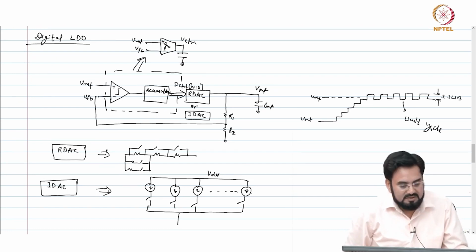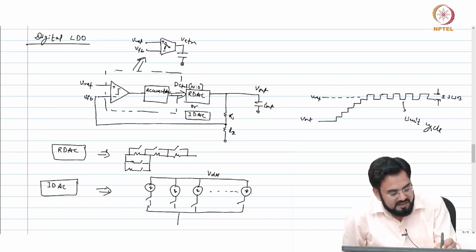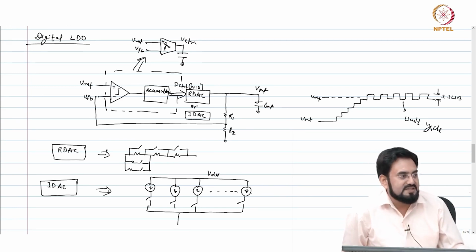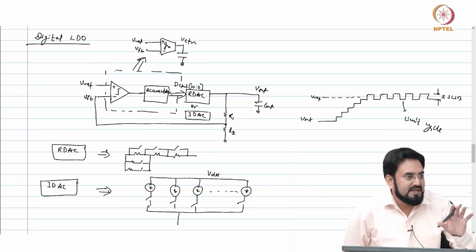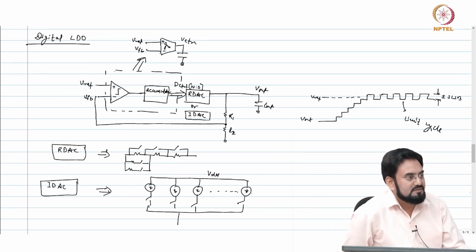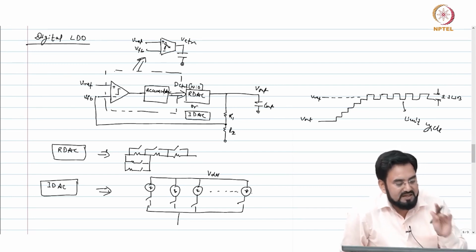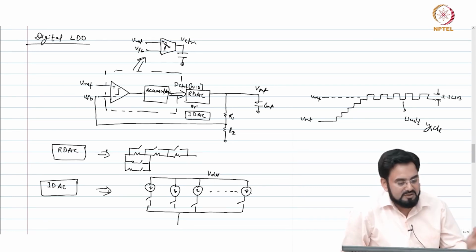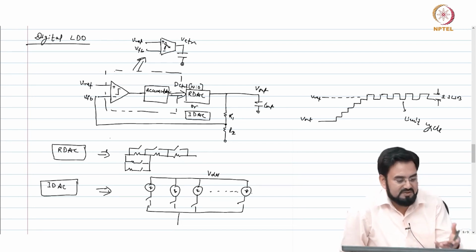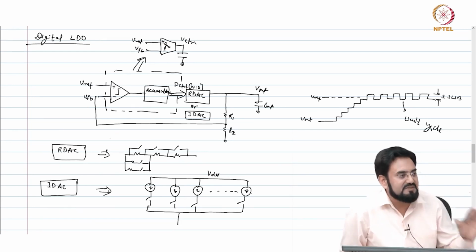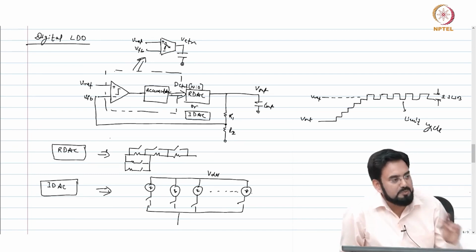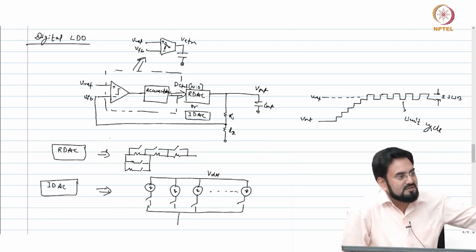Which means your accumulator has to wait until your output settles before you take any decision. So your dominant pole should be at the accumulator, because this is an integrator, that is why it becomes a first order system, which means your output pole should be outside your UGB.